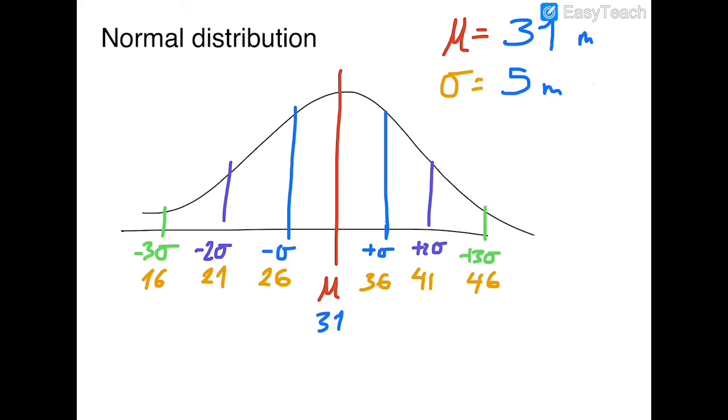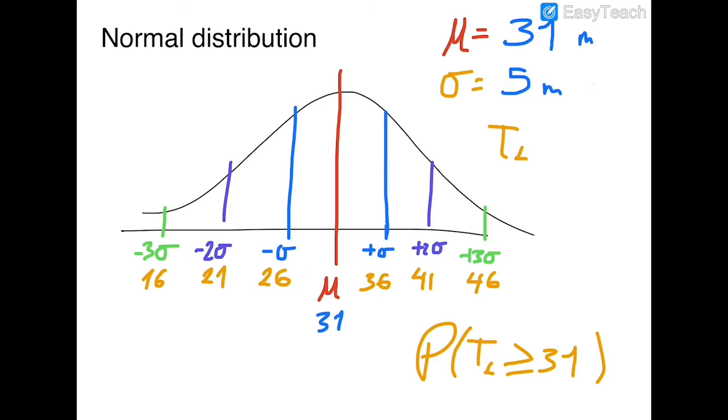So when the instruction says that we have to sketch, we have to take into account these values over here. And if they say, for example, that the variable here is TL, the time is the variable, and they ask to draw the probability of TL greater or equal than 31, right?